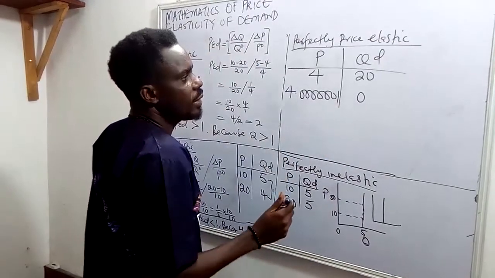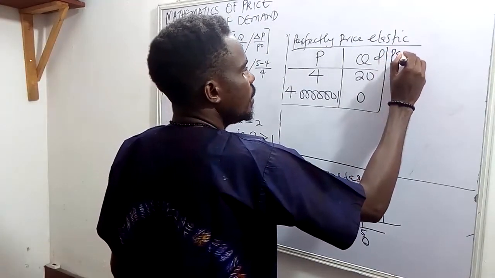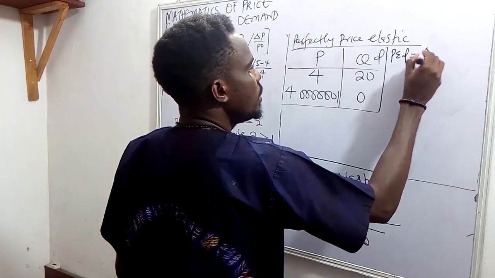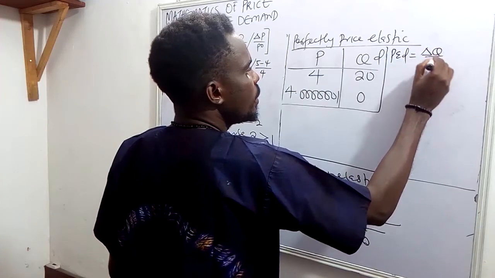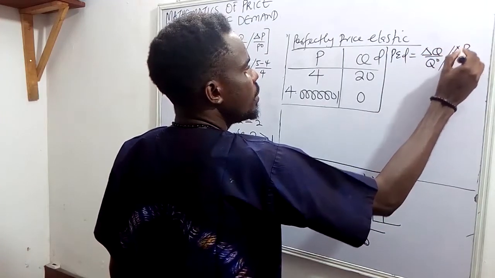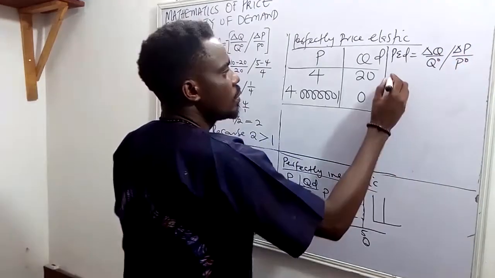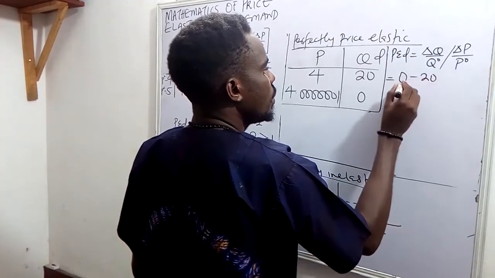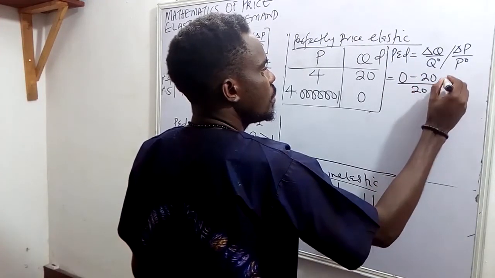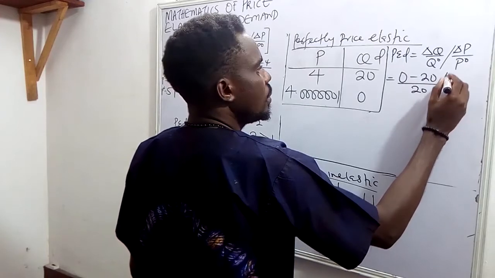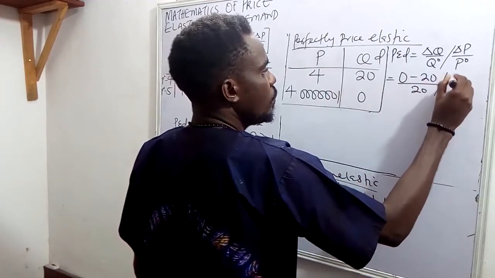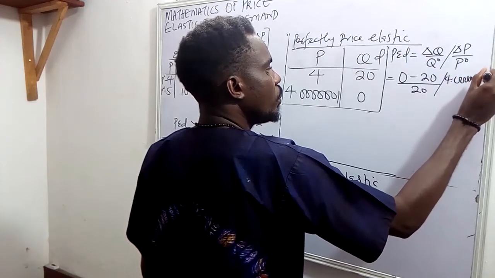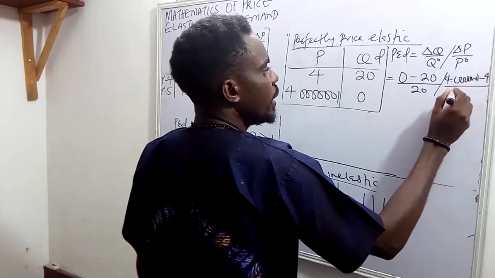For perfectly price elastic, the coefficient of price elasticity of demand is change in Q over Q naught divide change in P over P naught, which is 0 minus 20 divide 20, divide change in P, 4.000001 minus 4 divide 4.